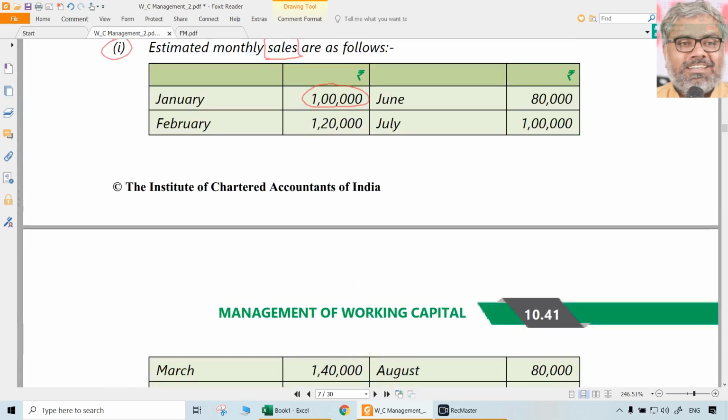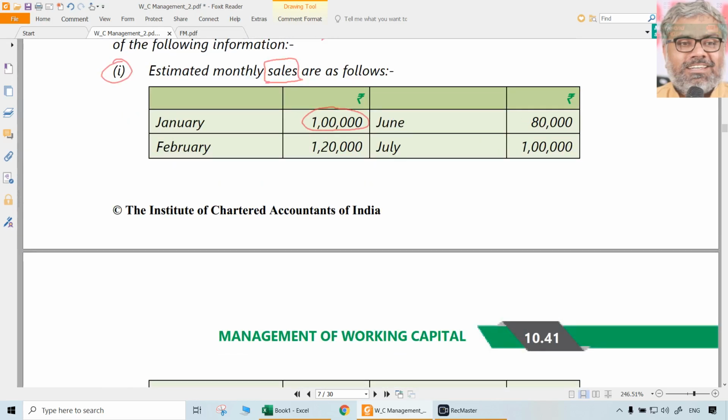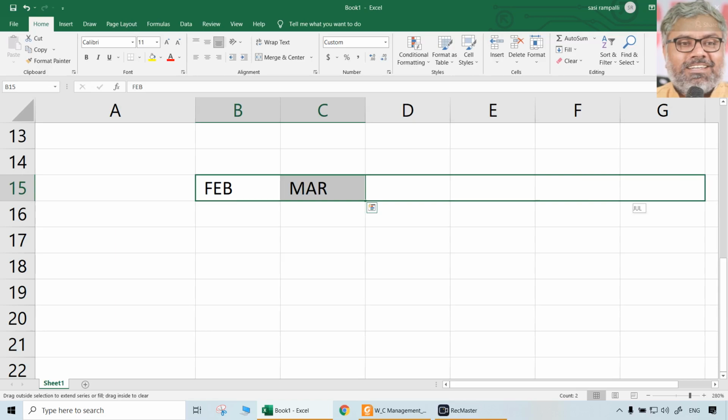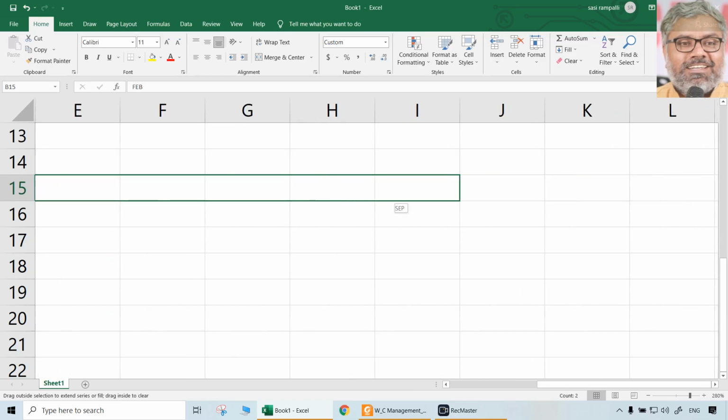But we don't want that. March collections, we are not interested. So January sales given, but not going to be helpful for us. Definitely from February onwards, it is going to be helpful for us. So February, March, April, May, June, July, August, September.